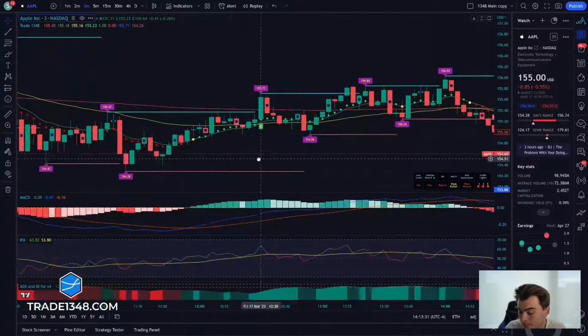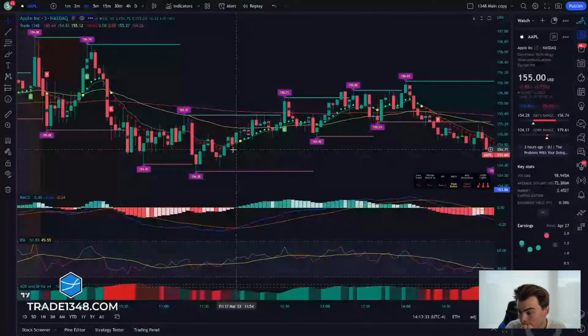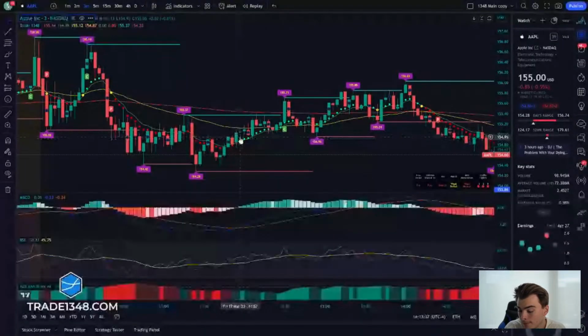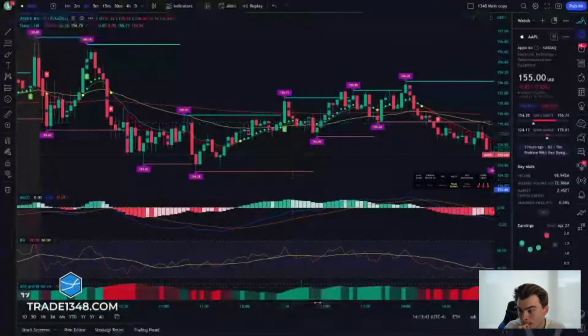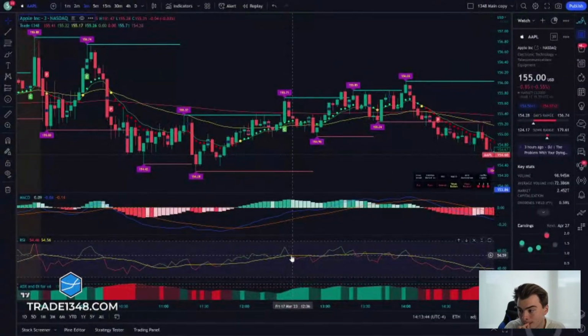Now let's go ahead and look at the next traffic light to the upside with Apple. You get a traffic light here. Where do you exit? Well, you could go ahead and exit here. Scale out. This candle here, you're scaling out.